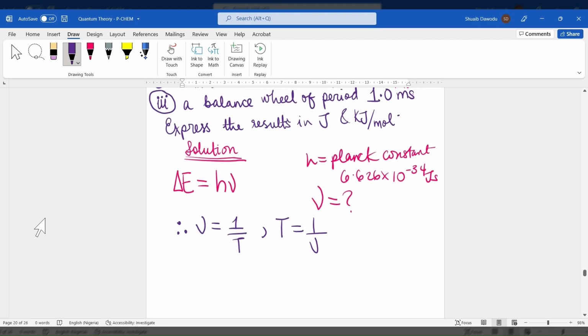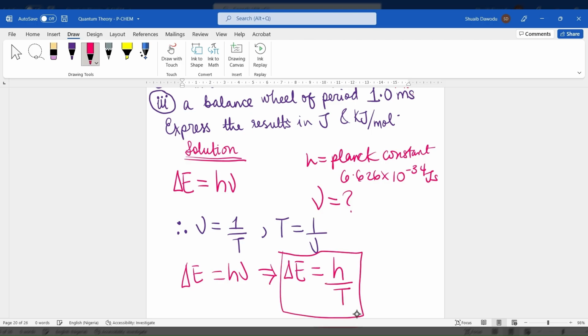So the change in E that was equal to h times v can now be written as change in E equal to h divided by T, where we substituted v to equal 1 over T. So this is the formula we're going to use.